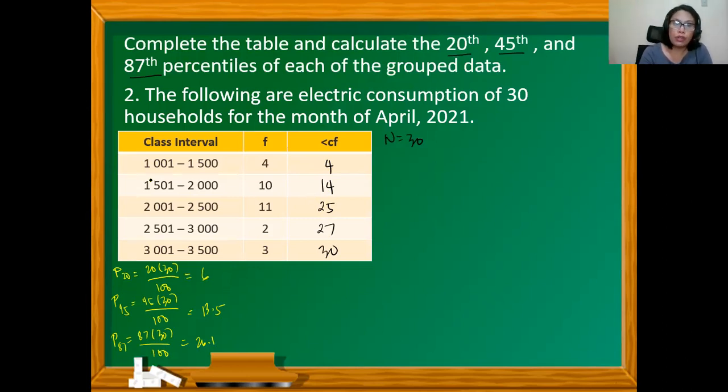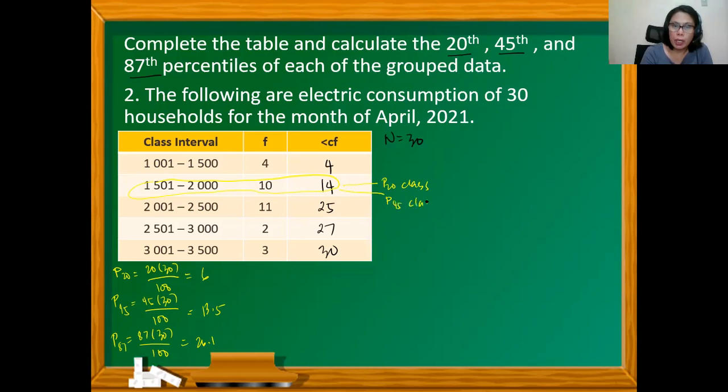So we're going to consider the closest. So therefore, this is the P sub 20 class. Now 13.5, we're going to consider the same class with P sub 20 with respect to P sub 45 class.